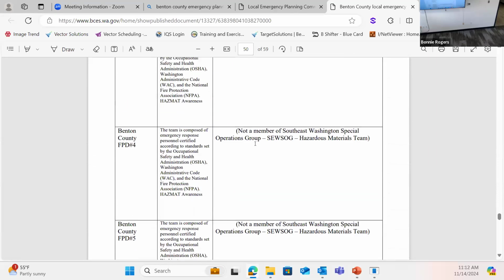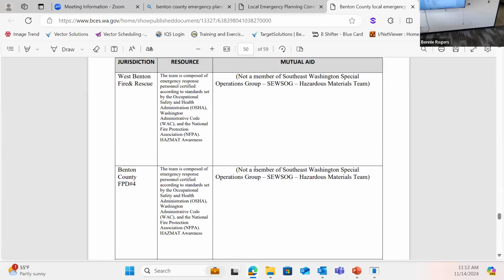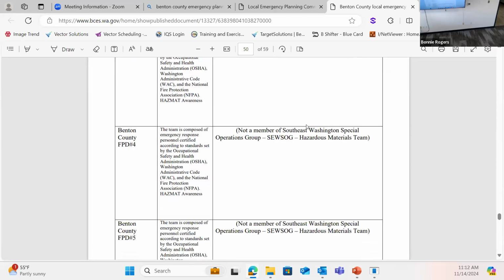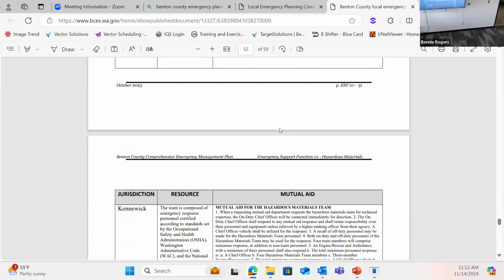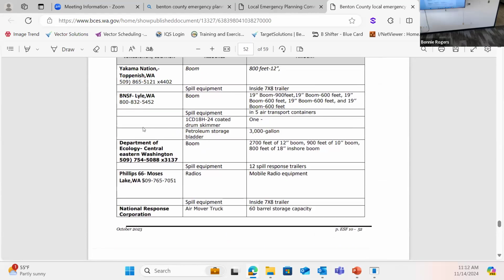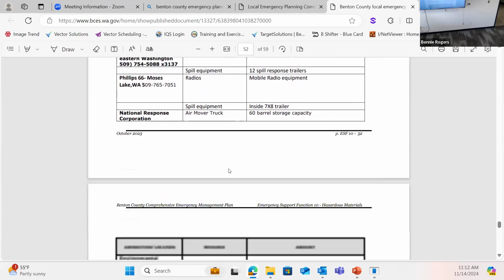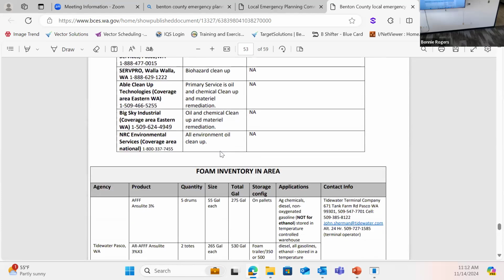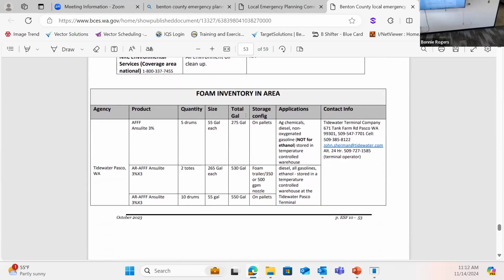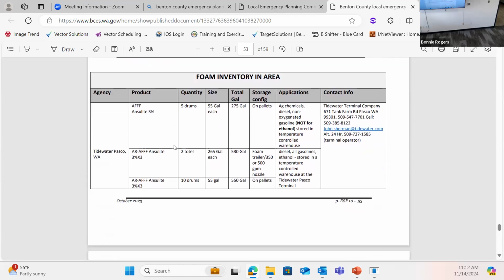Talk about our mutual aid. Not a number of them. Here are area spill resources. So BNSF has a boom. The things that we should complete.